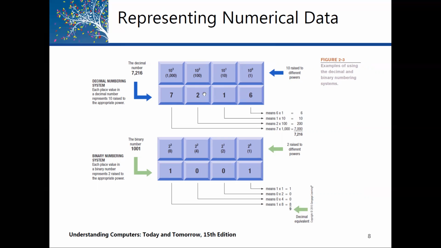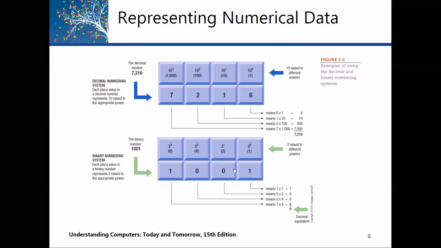Then we have 2. We multiply it with 10 raised to the power of 2, that is 100. So 2 multiplied by 100 is 200. And then 7, the place value of 7 is 10 raised to the power of 3. So that is 1000. So we multiply 7 with 1000. So 7 is at the thousands location, right? And then we add them up and we get 7216, right?